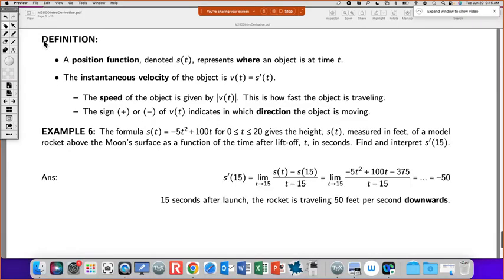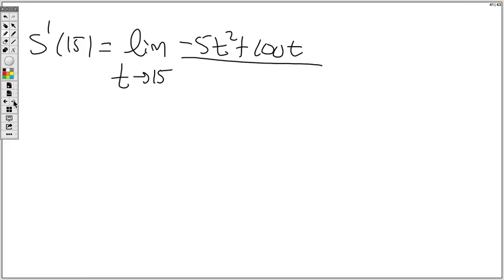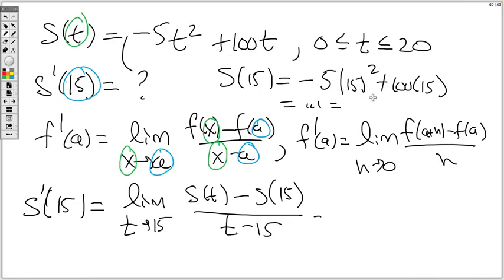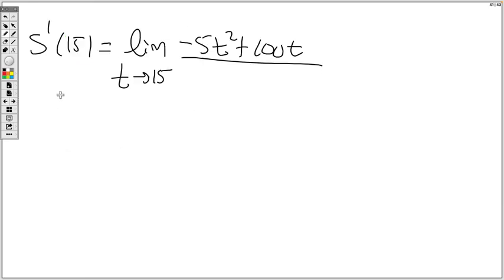And I'm just going to, looks like it's 375. Right? Over t minus 15. And if you plugged in t equals 15, you can bet dollars to donuts you're going to get a 0 over 0.